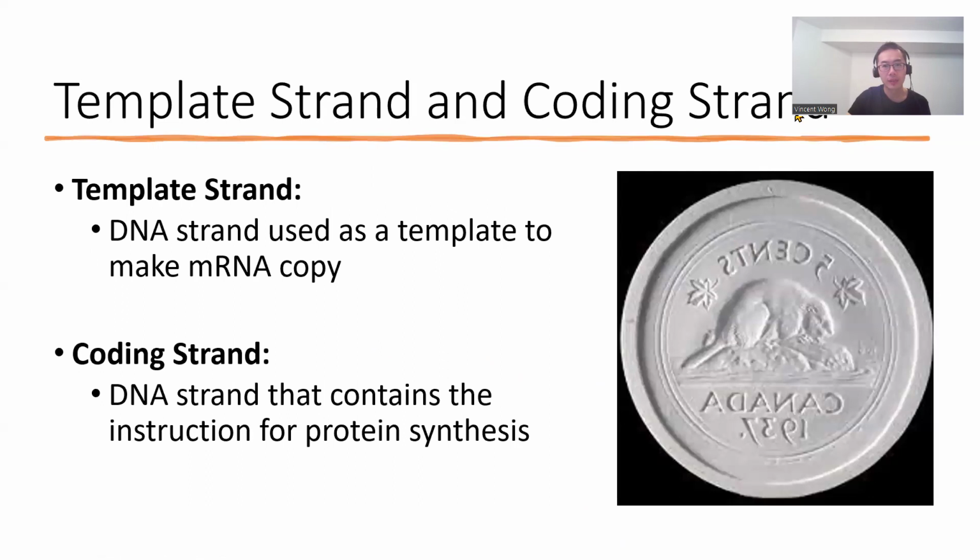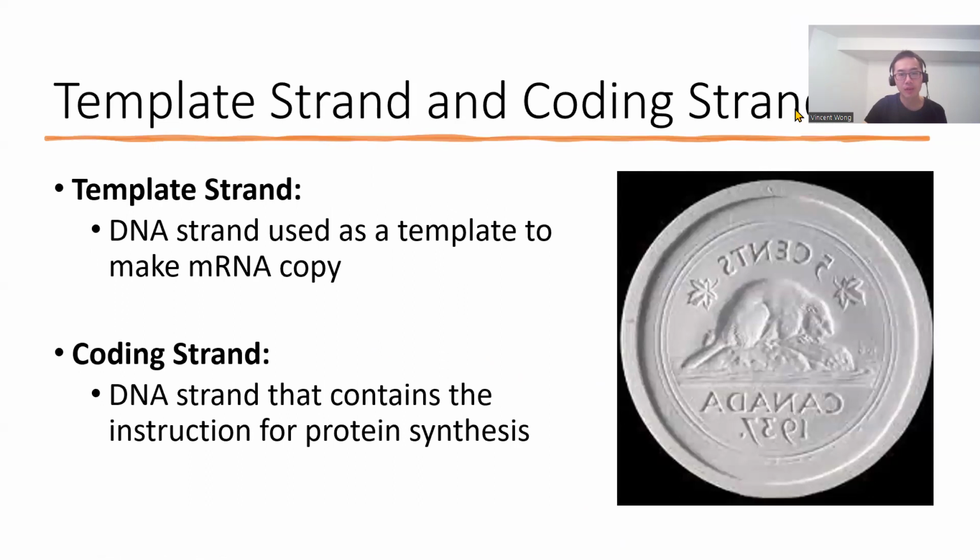Now let's try to understand more about template strand and coding strand. So the template strand is the strand that is used as a template to make the mRNA copy. The way we build nucleic acids in general, whether we're building DNA or RNA, is that we have to use the base pairing rule.